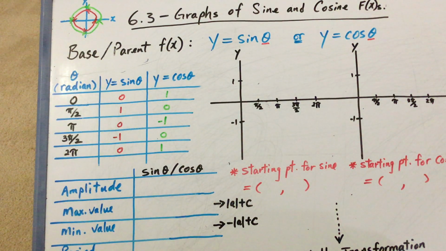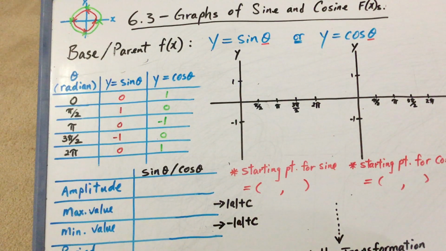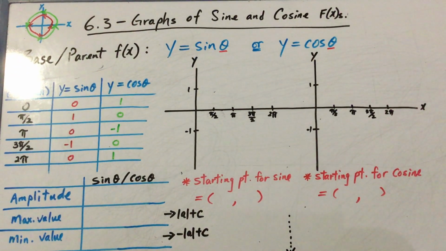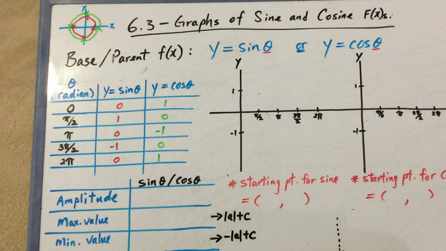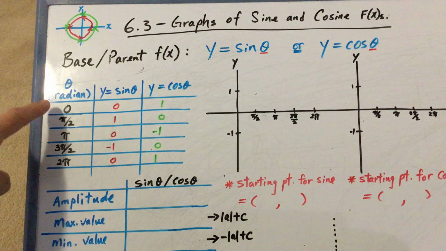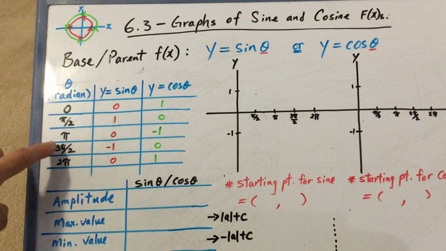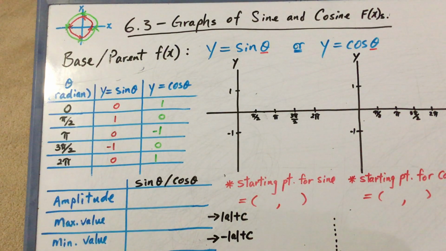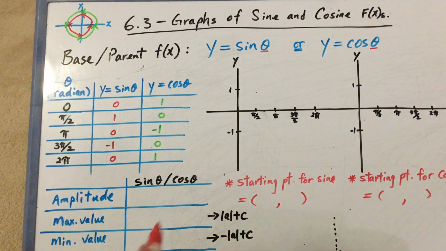Okay, so once we know how to get that, I'm going to show you quickly on the graph, based on what I have for each of the key points here: 0, 90, pi, 3 pi over 2, 2 pi. I'm going to plot those key points over here for the sine.